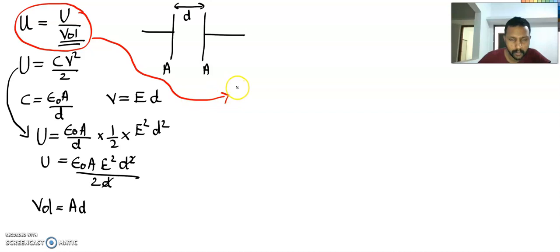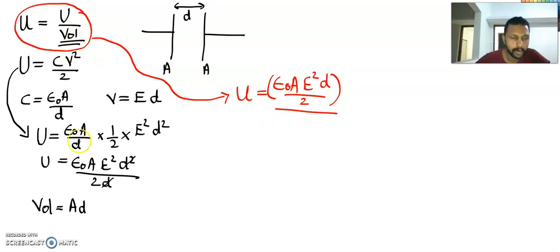Therefore, we can get an expression for energy density by dividing energy by volume. What is energy? Let's use this expression for energy, that is epsilon 0 A E square D by 2. This is the expression for energy.